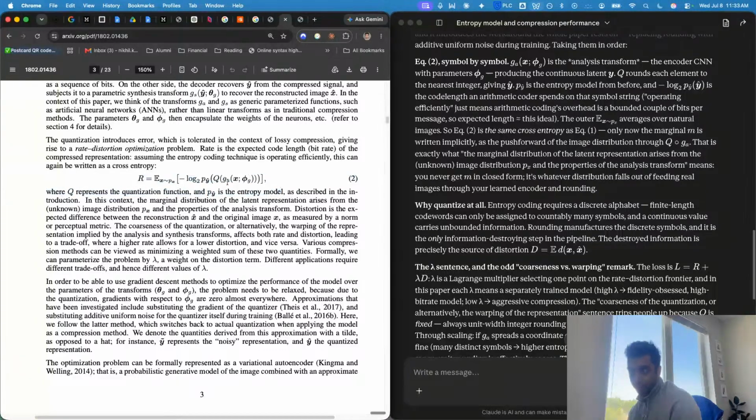So this is saying you have your input image, you have parameters of a network, you apply this network G sub A to this image with these parameters, and out of this you get a latent.